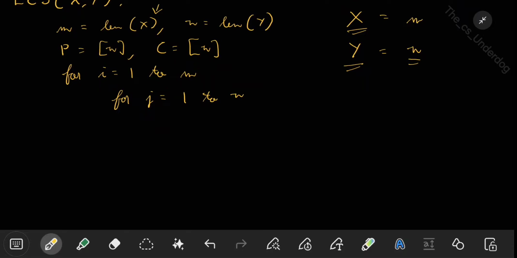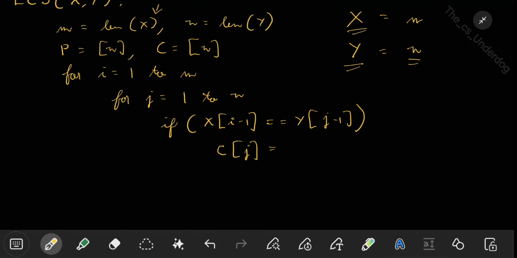In case they are equal, that is if x of i minus 1 is equal to y of j minus 1, then what will you do? In this case, current of j is equal to 1 plus previous of j minus 1. So this is the same as taking the diagonal element.